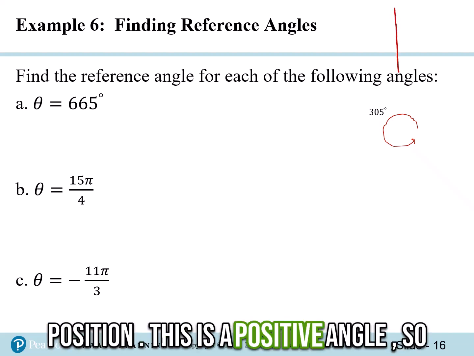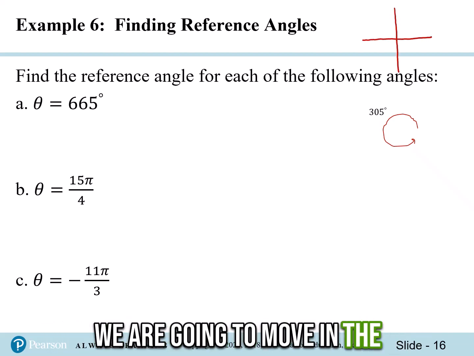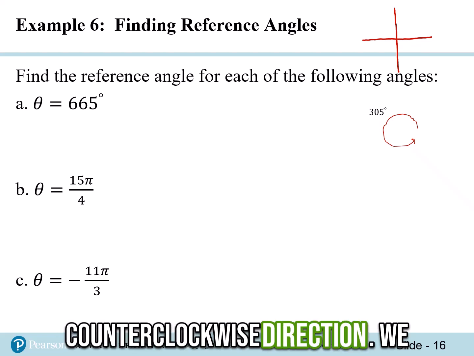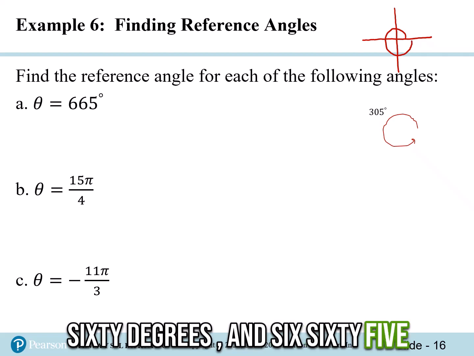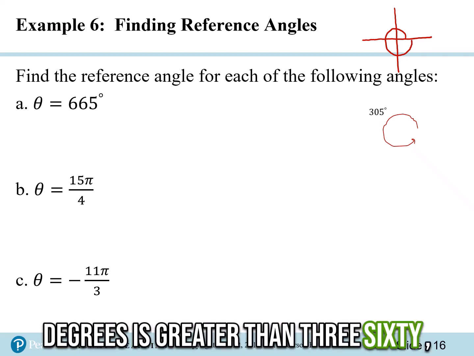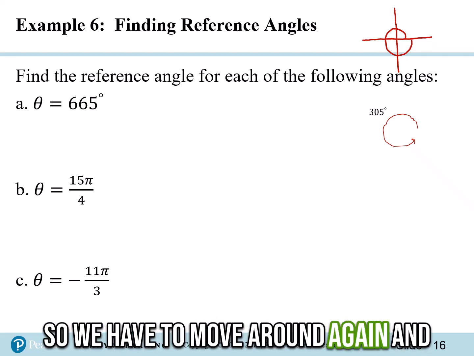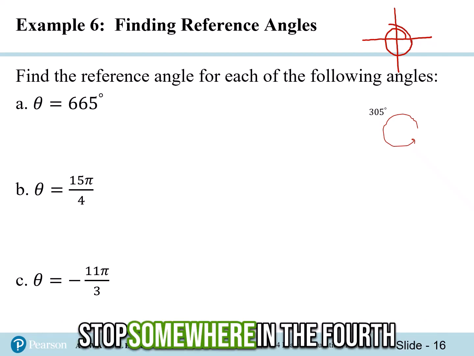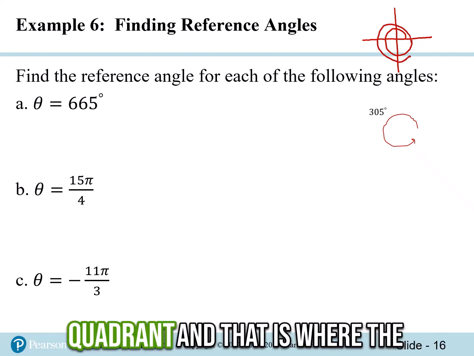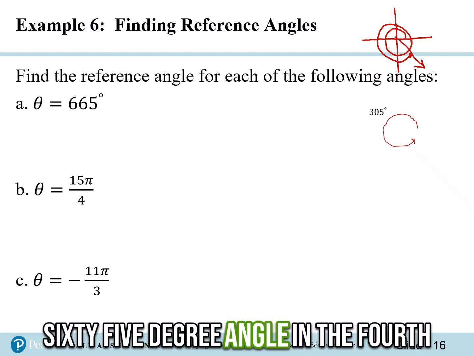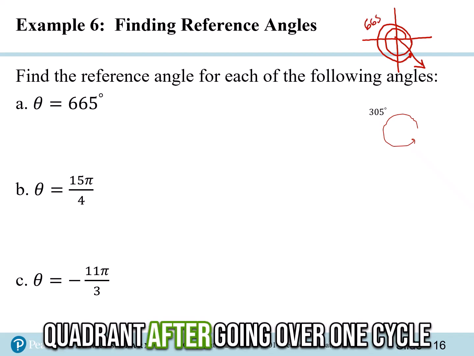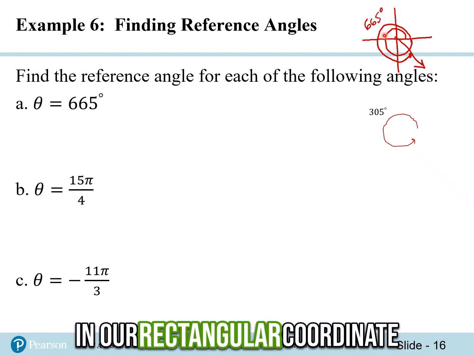This is a positive angle, so we are going to move in the counterclockwise direction. We have to go one cycle up to 360 degrees, and 665 degrees is greater than 360, so we have to move around again and stop somewhere in the fourth quadrant, and that is where the angle is going to lie. We have the 665 degree angle in the fourth quadrant after going over one cycle in our rectangular coordinate plane.